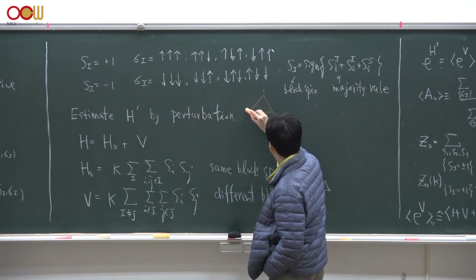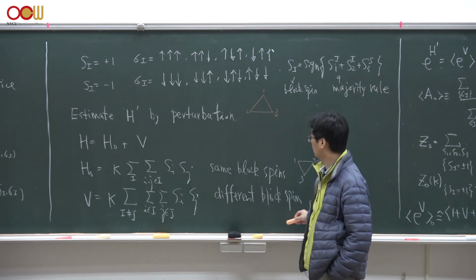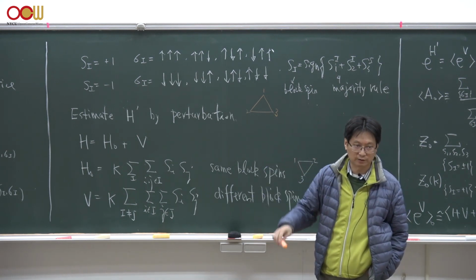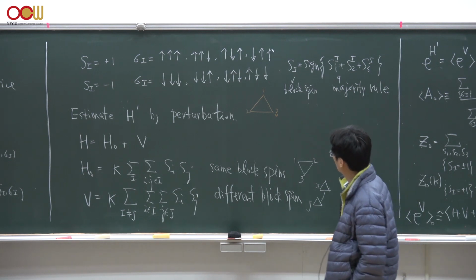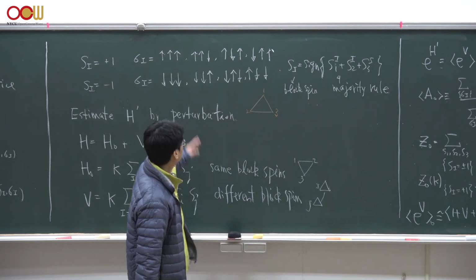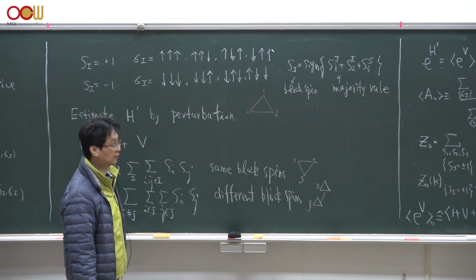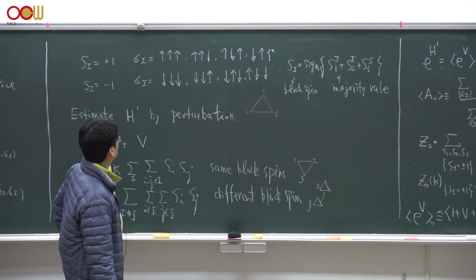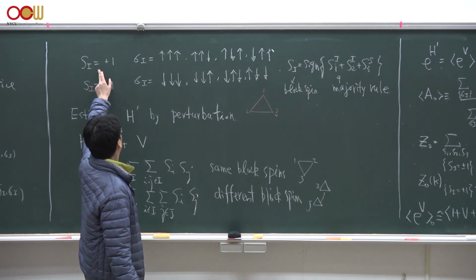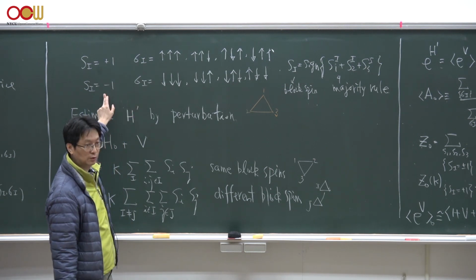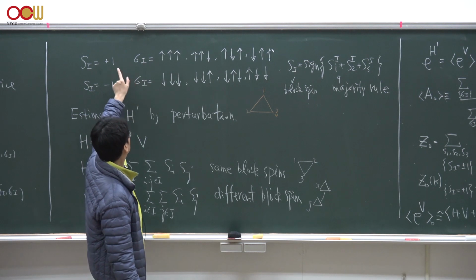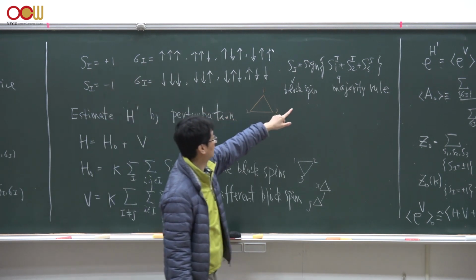there are 3 spins, and each spin can take up or down values as the spin configurations. So altogether, there will be 8 configurations, and this is precisely written over here. There are 4 configurations corresponding to capital I being +1, another 4 being -1. The way that we identify this +1 or -1 is by the majority rule.